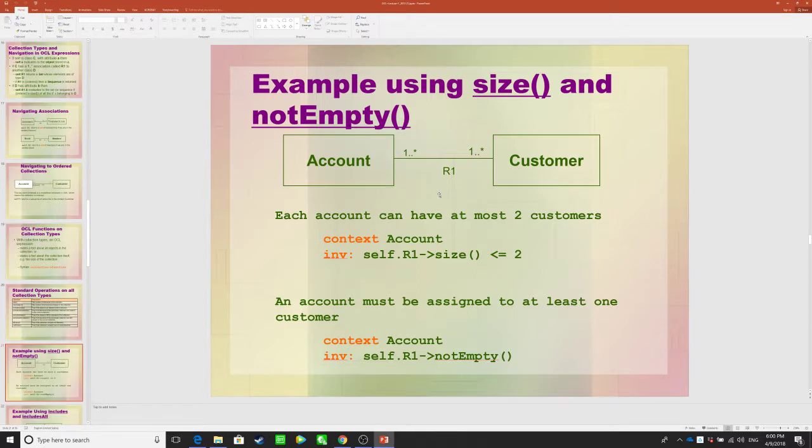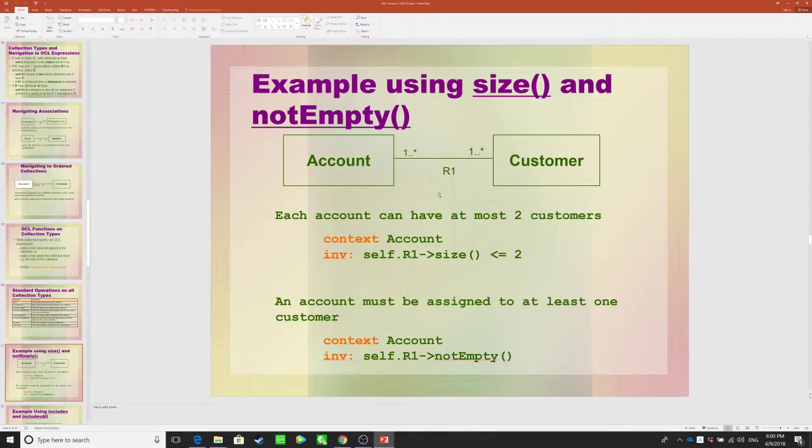Here we use specific functions of the collection, size and notEmpty, to specify a constraint for this class diagram. Each account can have at most 2 customers. We cannot do this directly in the traditional class diagram, right?